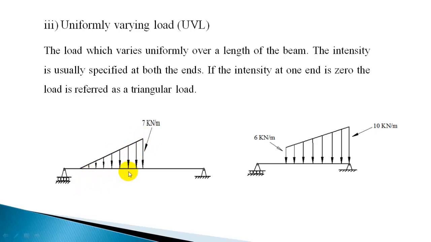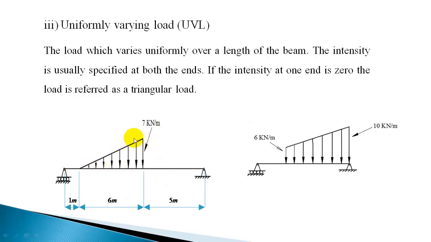Now in this case 50% of the load is removed, so it is 7 into span divided by 2. If it is UDL, the load will be 7 into 6. But in this case it is half of that, so 7 into 6 divided by 2, that will be 21 kilonewton. So 21 kilonewton is the resultant load due to this UVL.